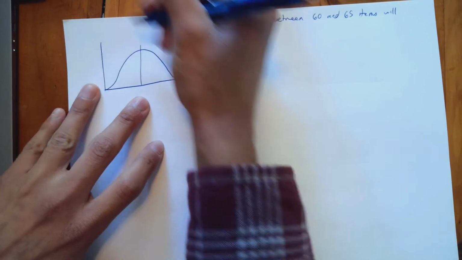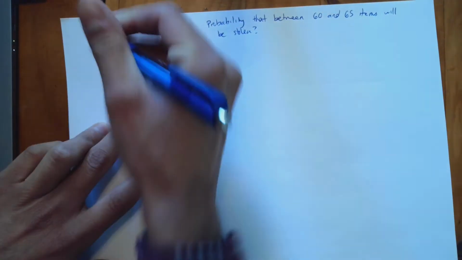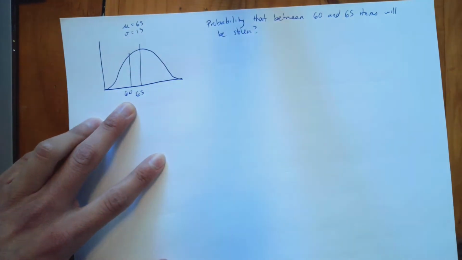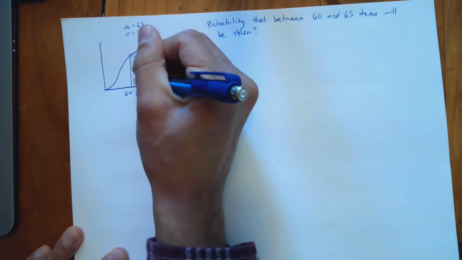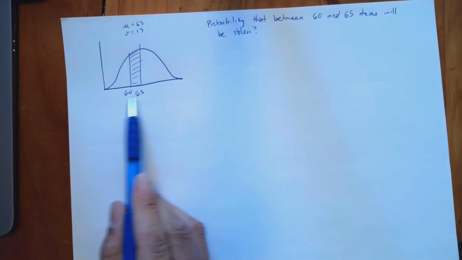Well, I'm going to write out what I got here. So 65 is still our mean. 60 is less than 65, so we're putting a line in the negative direction. And we know that the probability that we're looking for is going to be equal to the shaded area under the curve in between these two values.